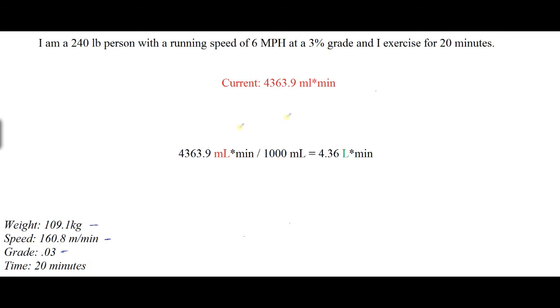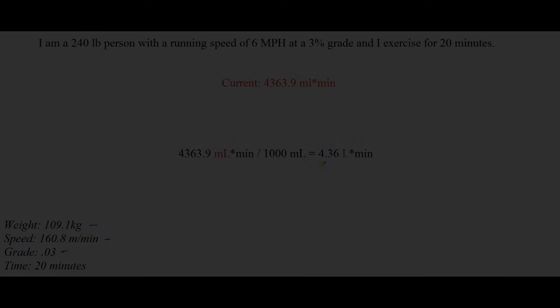Right now, we are in milliliters, which isn't that big of an issue, but it would completely throw off the equation if we left it in milliliters. So what we have to do is move from milliliters to liters, and we do that by dividing by 1,000. So if we divide by 1,000, we end up with liters, and this is rounded, but this is roughly the liters in the example above. So once we have liters, then we can move on to actually figuring out the calories.